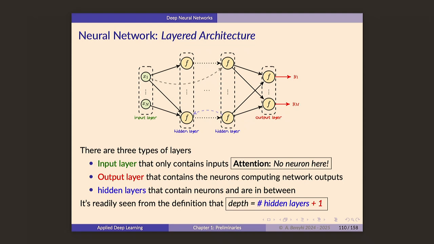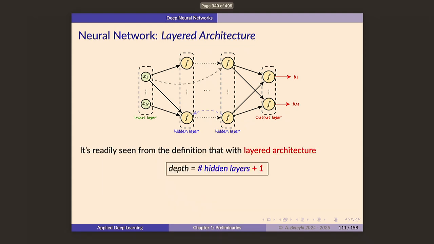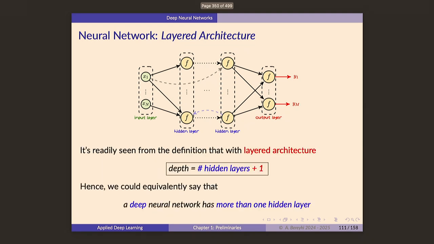If we have a classic layered neural network, how many hidden layers do we need to call it a deep neural network? 2 or more, right? Great. So you got the idea. A deep neural network is simply a neural network which has more than one hidden layer. One hidden layer is still not deep. This is what we call a shallow neural network. But anything beyond that is going to be a deep neural network.